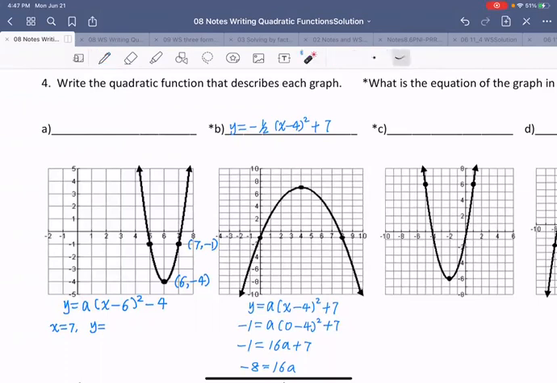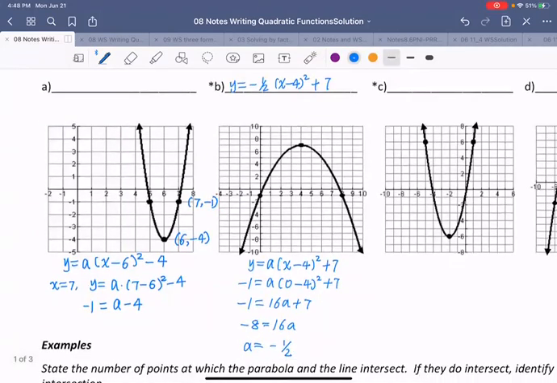Let's plug in 7 into here. a times 7 minus 6 squared, minus 4 equals a minus 4, equals -1. Yes? Can you please solve this?